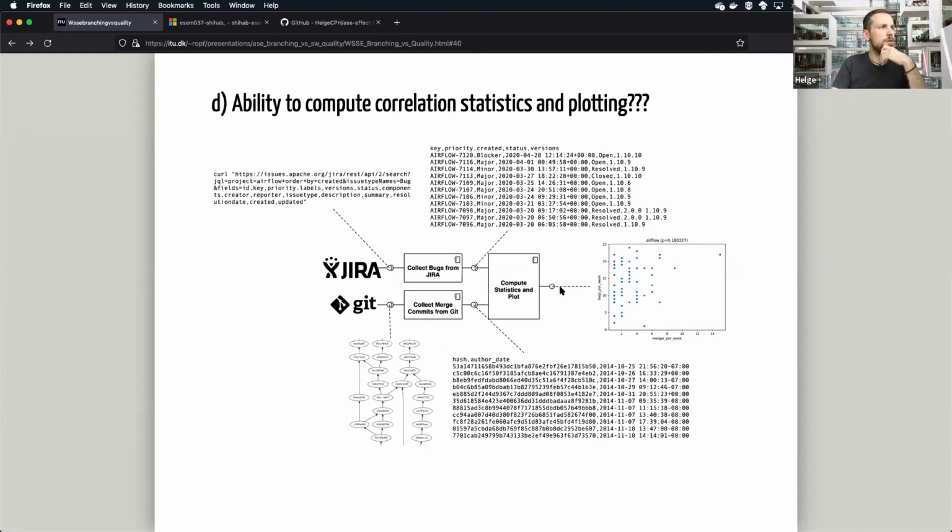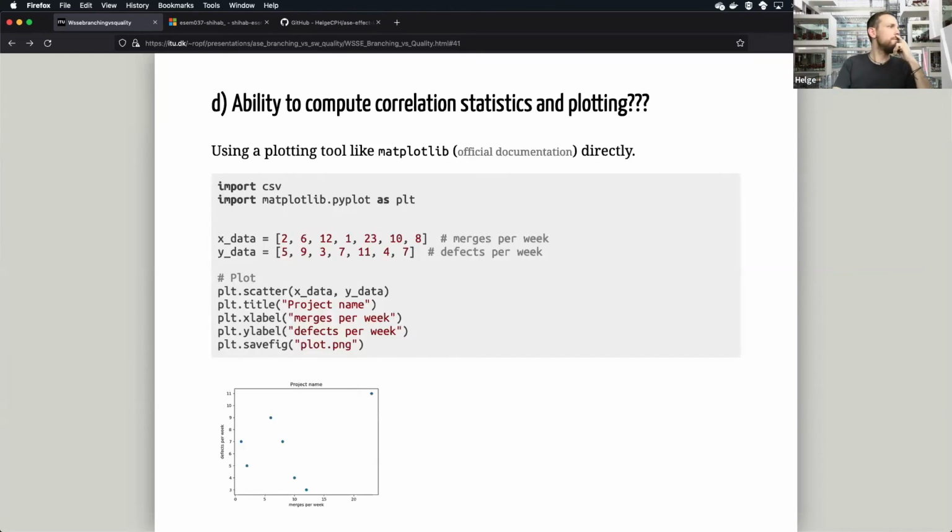The third module takes these two and does the grouping I just mentioned: how many bug reports we have per week and how many merge commits we have per week. Then we can plot those and compute Spearman's rho on that. This is a bit of code that shows how you could plot it.